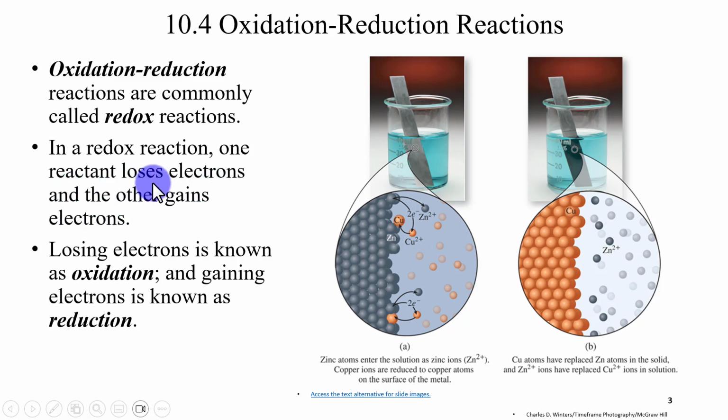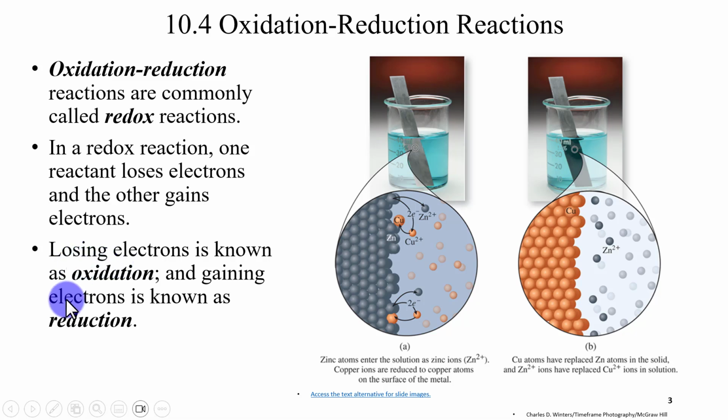One reactant loses them and the other gains. And of course, the number of electrons that is exchanged has to be the same. If one reactant is losing 2 electrons, the other one better be gaining 2. We don't lose electrons either, just like we don't lose or create matter.